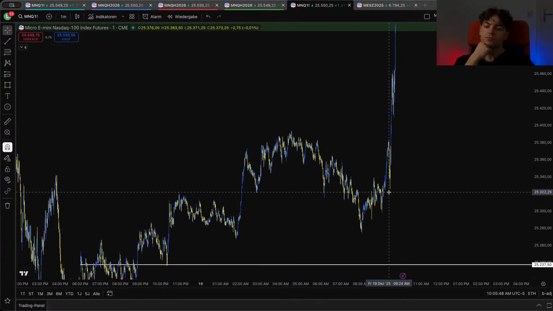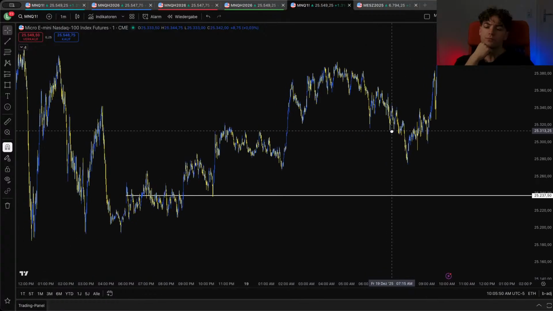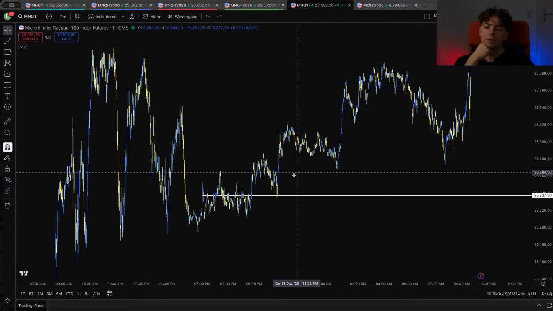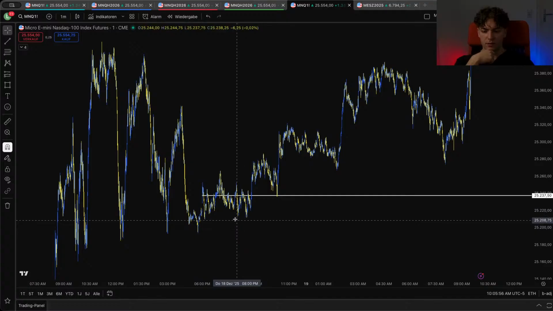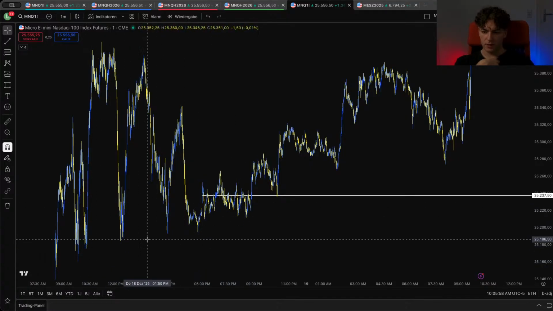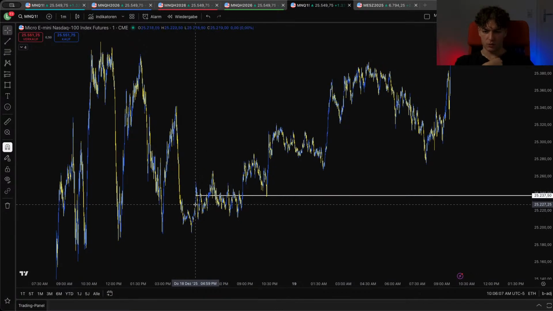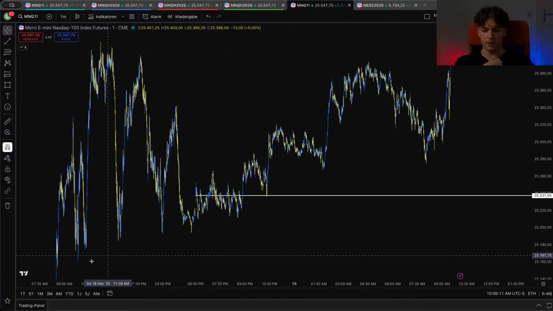So we didn't have some kind of manipulation to the downside. These lows right here were in close proximity to the opening price in here, and we just traded up to the buy side without manipulating these lows.